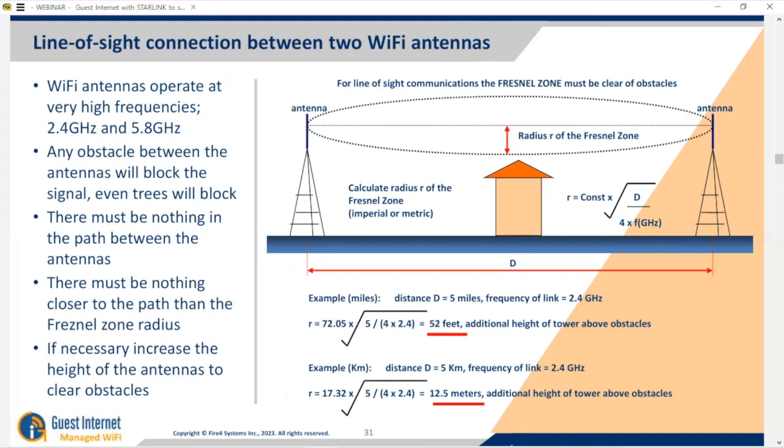And so we have to have no obstructions within a certain radius, and the diagram illustrates that, and we can calculate what that radius should be. Because if we have an obstruction, not necessarily in the line of sight, but within the Fresnel zone, then it will cause the connection to deteriorate, and the speed may fall, for example, and be interrupted.